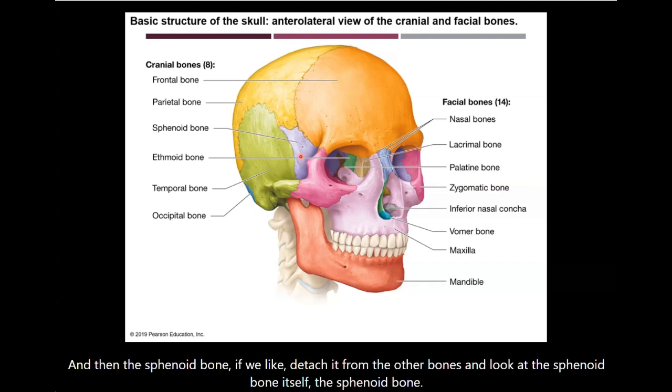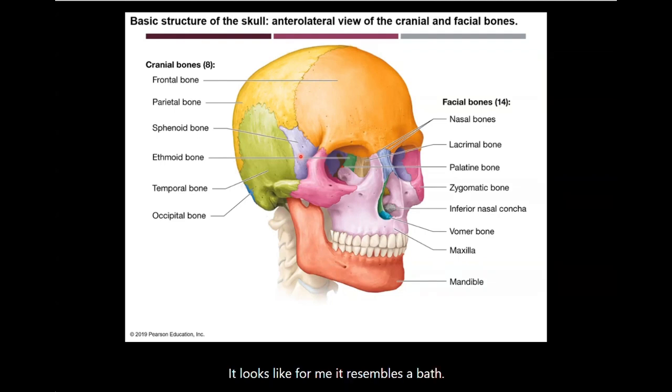And then the sphenoid bone, if we detach it from the other bones and look at it by itself, for me it resembles a bat, okay, with the body and the wing, and it has a greater wing and a lesser wing.